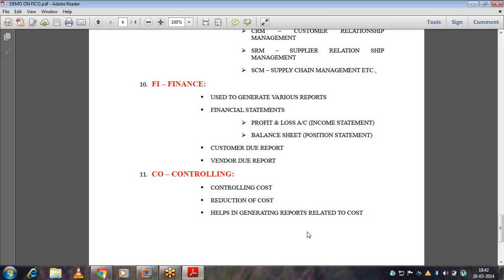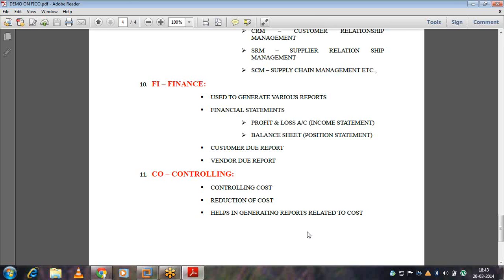That is the reason why, in recent trends, most of the organizations are interested in reducing the cost rather than increasing the sales, because reducing the cost also results in an increase in the profits.